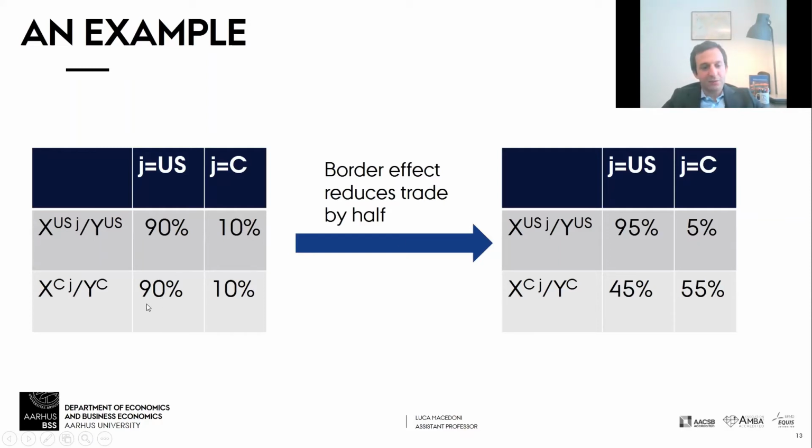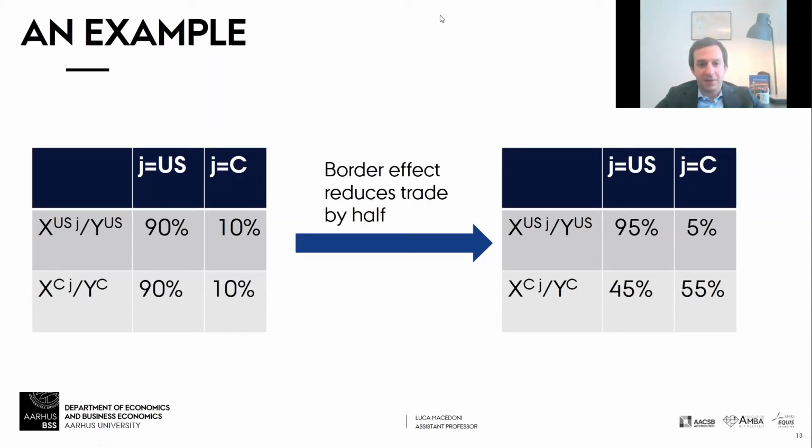Canada instead used to export 90% of its domestic production to the US, and now it exports 45%. So this means that the domestic trade increases from 90% to 95% for the US case. Right? So that's a small effect. And from 10% to 55% for the case of Canada.